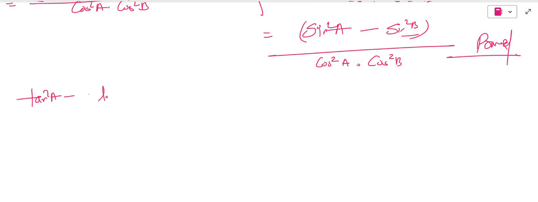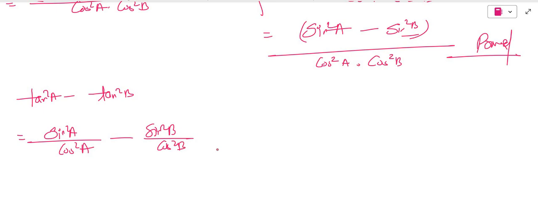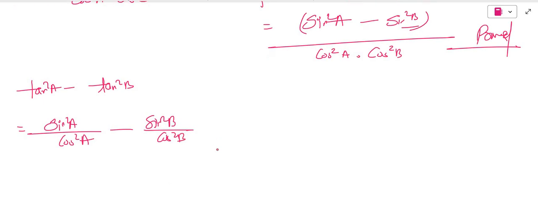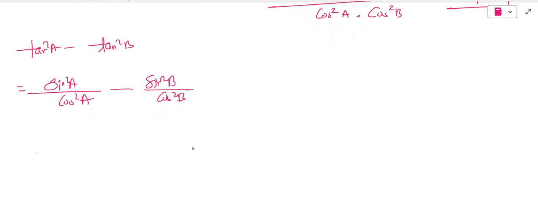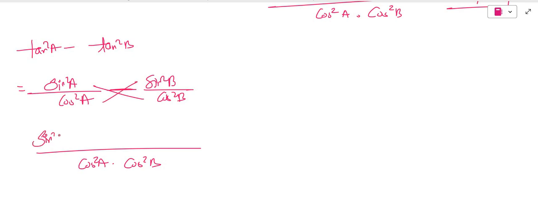Tan square A minus tan square B. So same thing, we can write sin square A by cos square A, and here sin square B by cos square B. Perfect. Now what is LCM? Cos square A, cos square B. And what do we do in subtraction? This into this, this into this. So it will be sin square A cos square B minus sin square B cos square A.